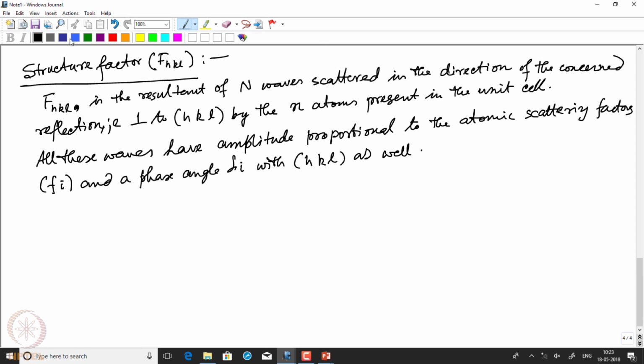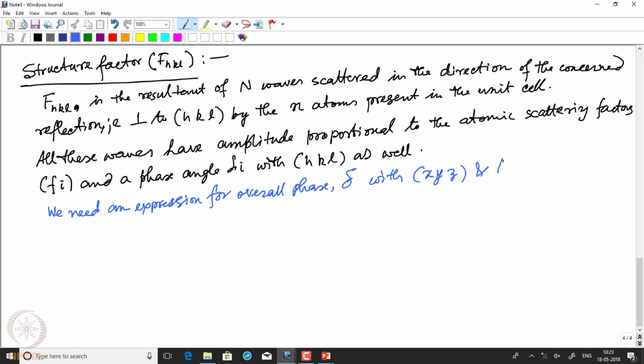So what we need? We need an expression for the overall phase delta with x, y, z and h, k and l.